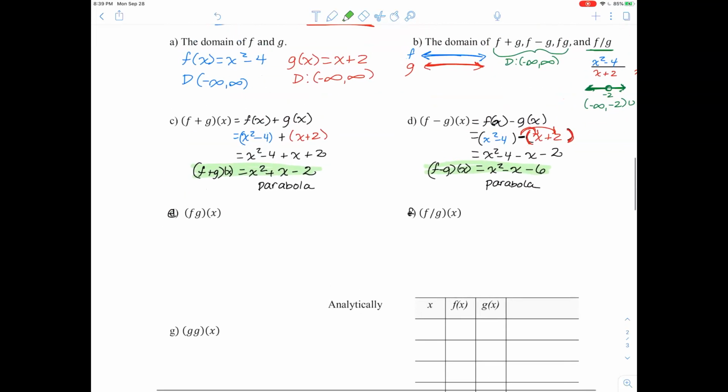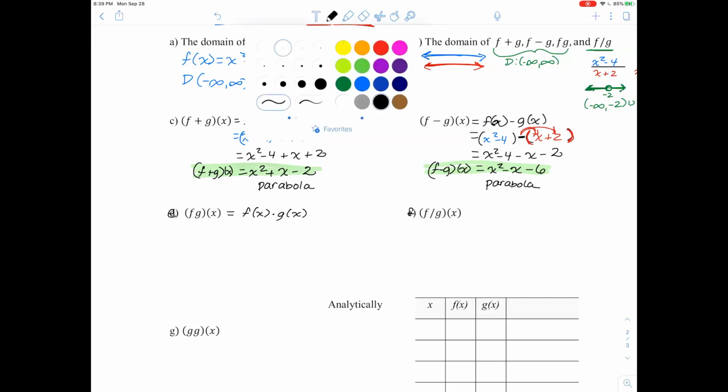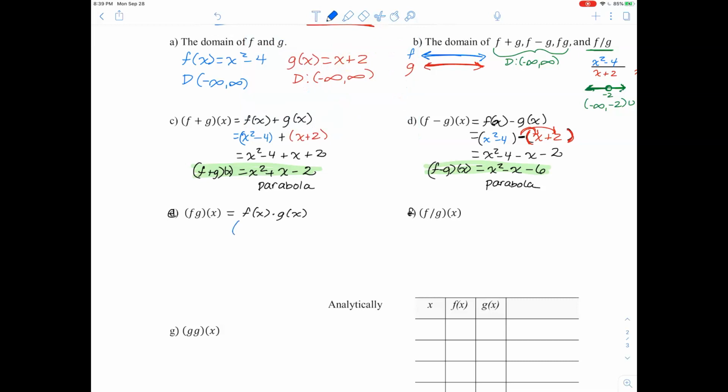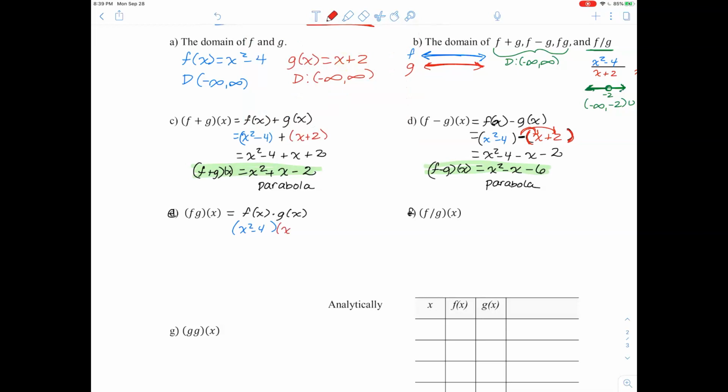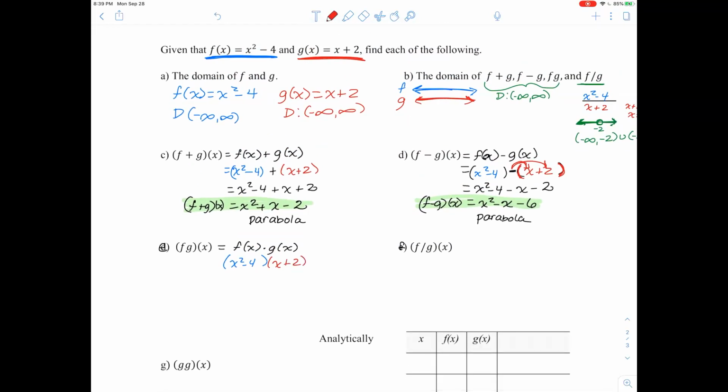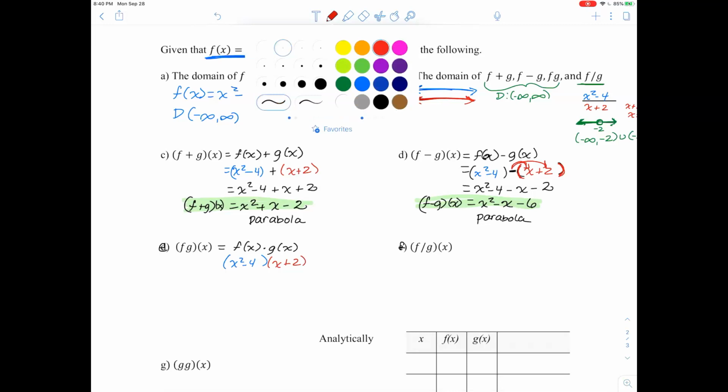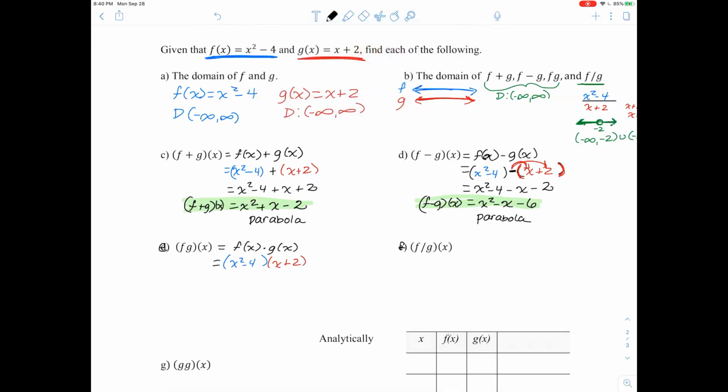Okay, let's do the f times g of x. So remember that really means the f of x times the g of x. So we're going to just get out our parentheses here and replace f of x with x squared minus 4. And our g of x is x plus 2. And so we'll go ahead now and multiply those two together.